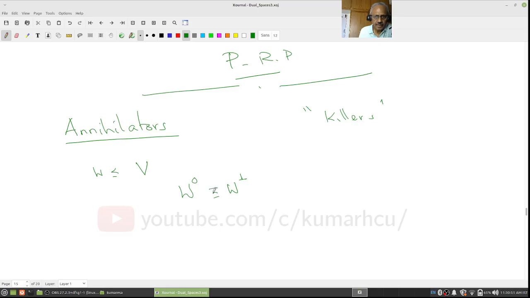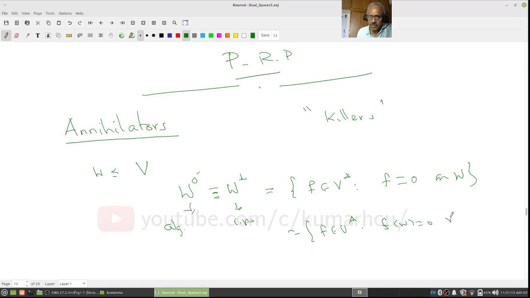This is a standard algebraic notation, and this is a notation on inner product spaces. I will use that notation. Okay, this is O for 0. This is the set of all f in V star so that f is 0 on W. That is, the set of all f in V star so that f of w is 0 for every w in W.